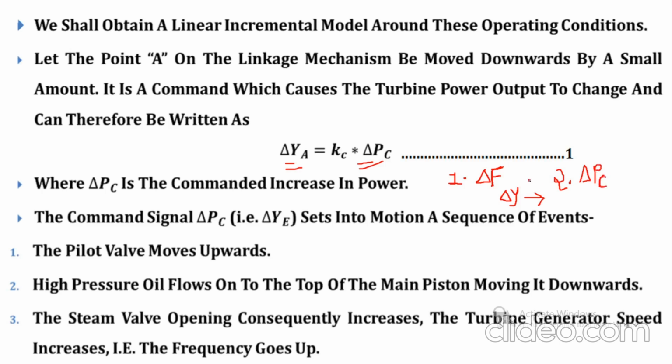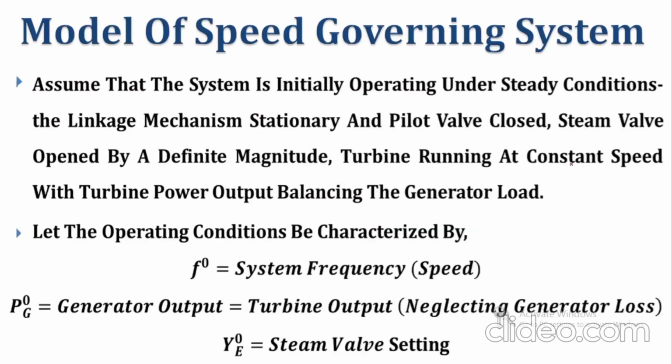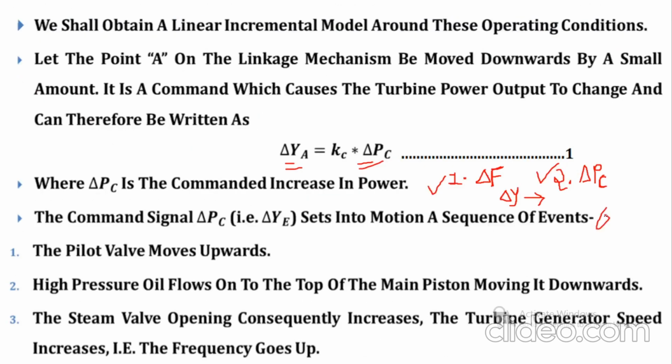So we have two types of input. First one is the change in frequency and second one is the command signal, and our output is at this point. So I can say that output is our valve setting at point E. So I can take output as delta ye.